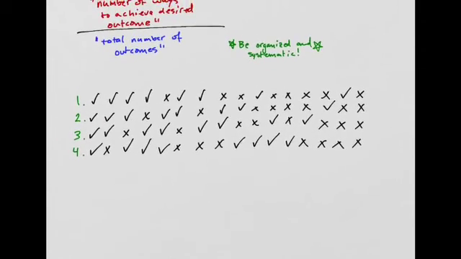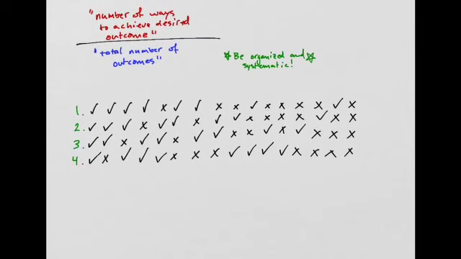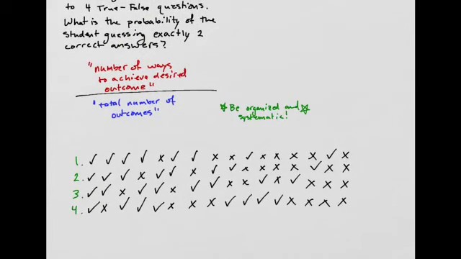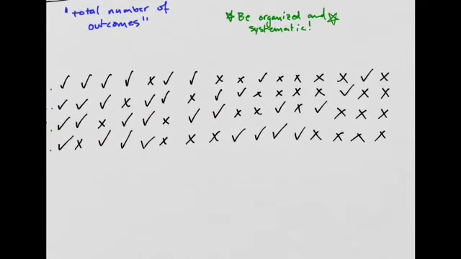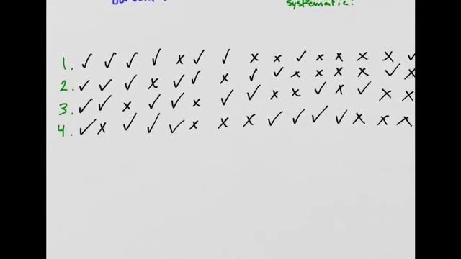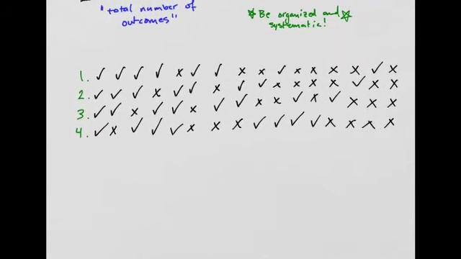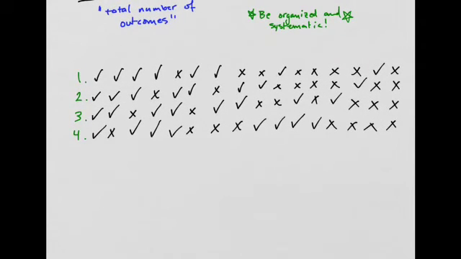So if I want to find the probability, first I need to look at the number of ways to achieve my desired outcome. Remember, that's the student guessing exactly 2 correct answers. So exactly 2, meaning not like at least 2. That starts here and goes until there.